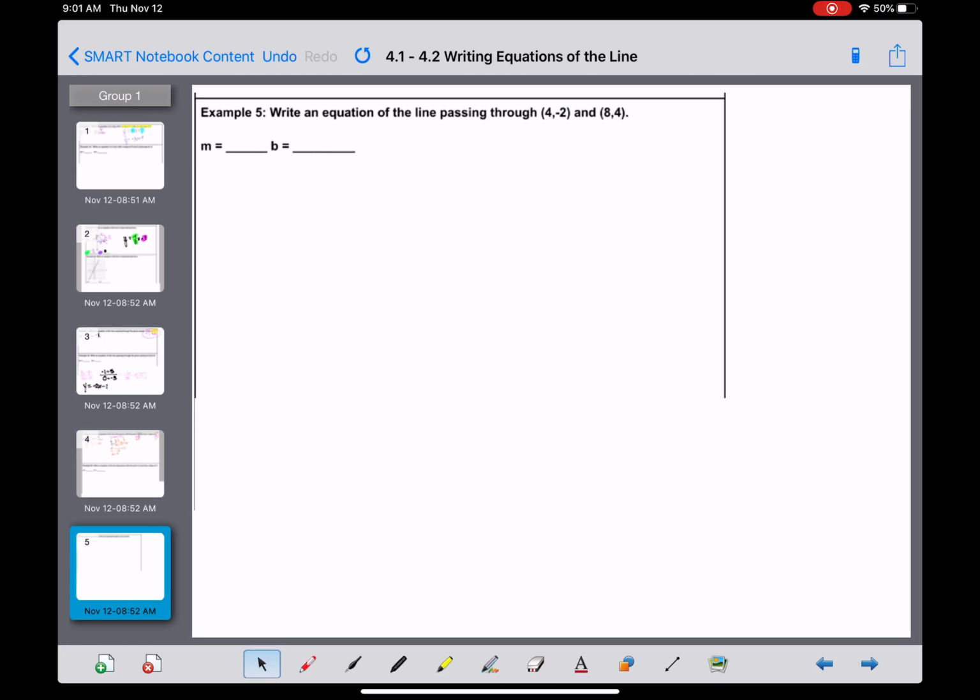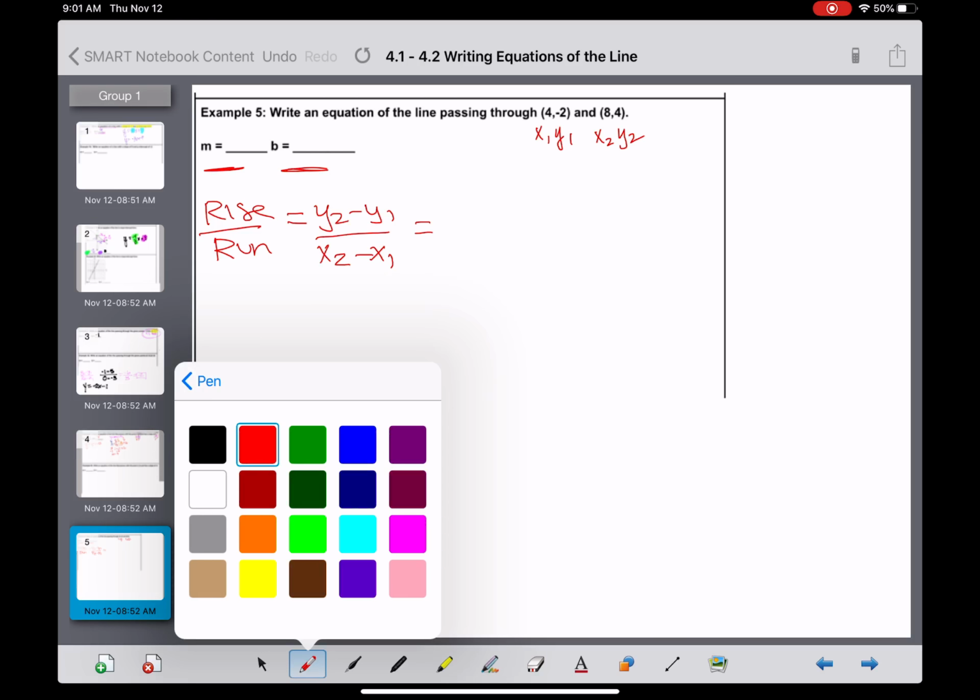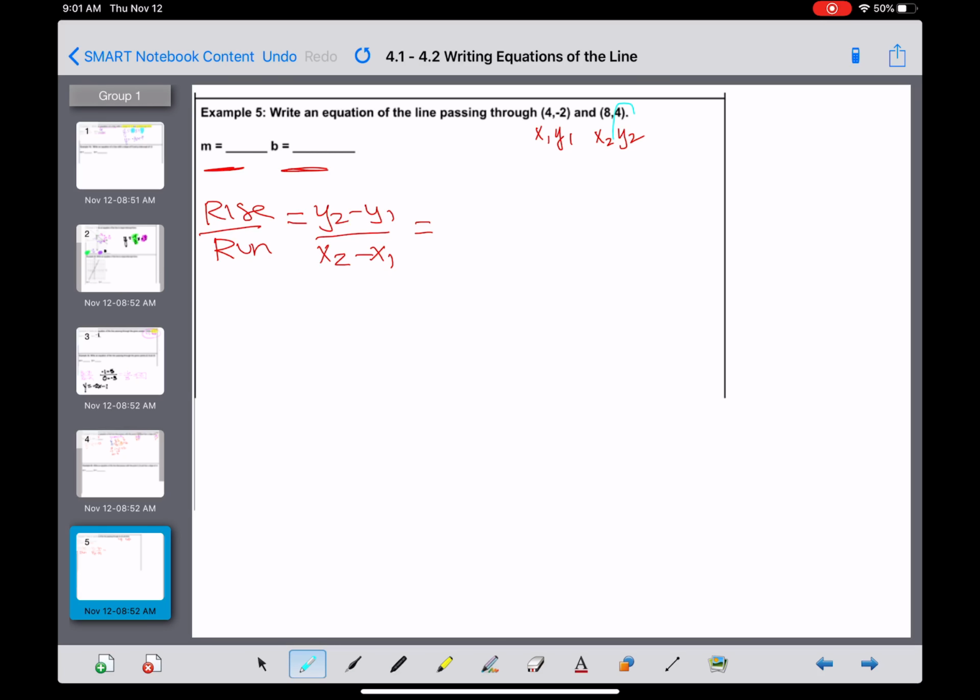This last example is going to be a combination of example 3 and 4. So we're going through the coordinate 4, negative 2, so there's my x1, y1, and 8, 4, x2, y2. I am not given any information. So I'm going to start with my slope formula. So I have a y2 value of 4.